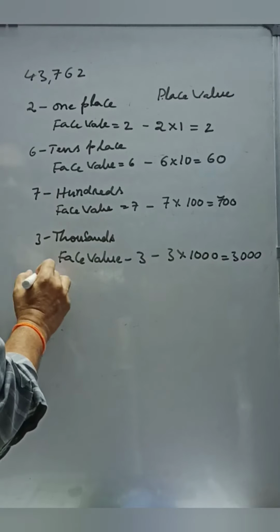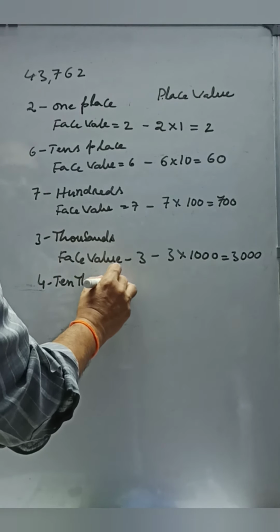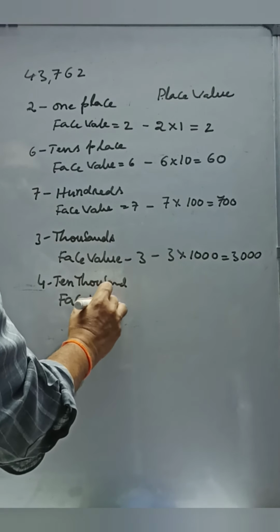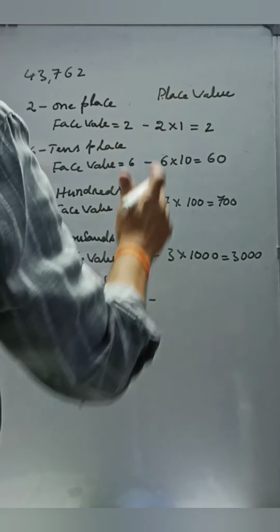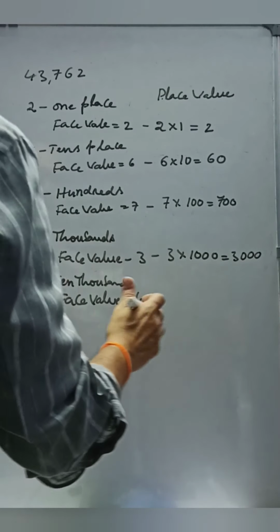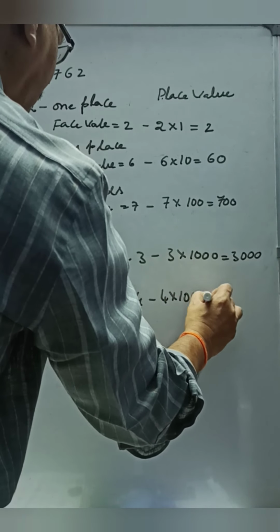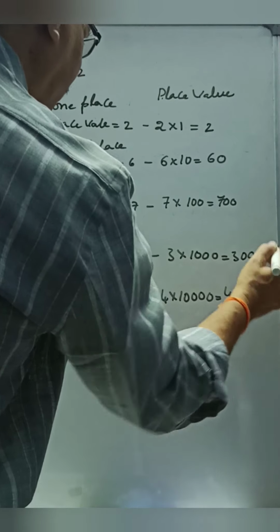And 4 is in the 10,000 place. What is the face value of 4? Face value is 4. To get the place value, multiply the face value with the place. 4 into 10,000 is 40,000.